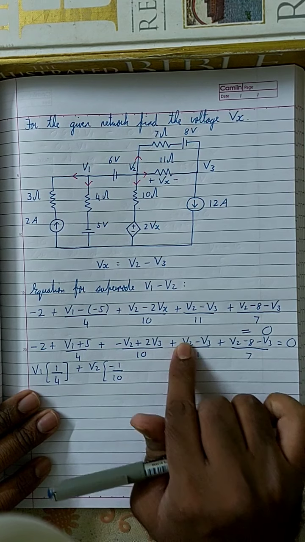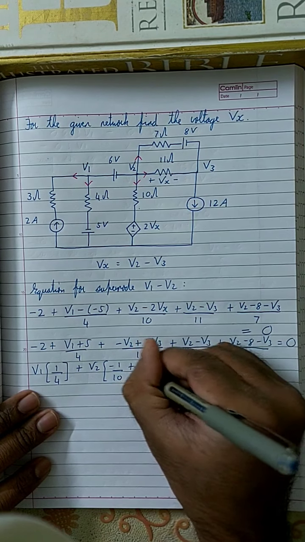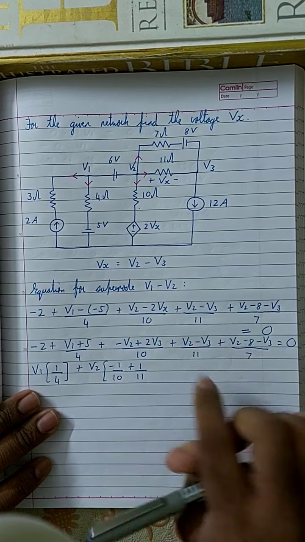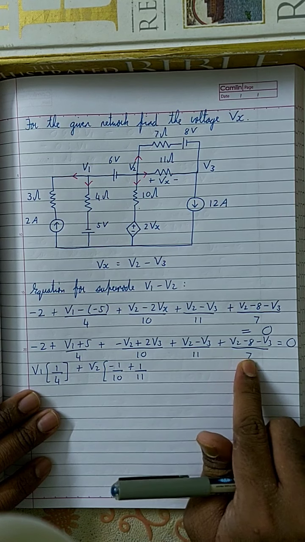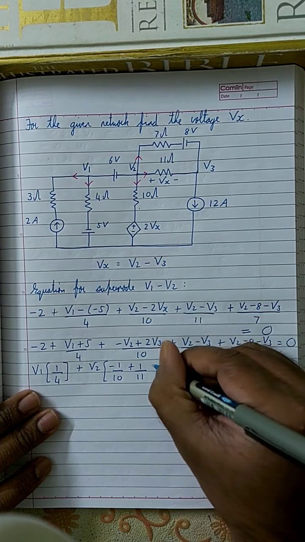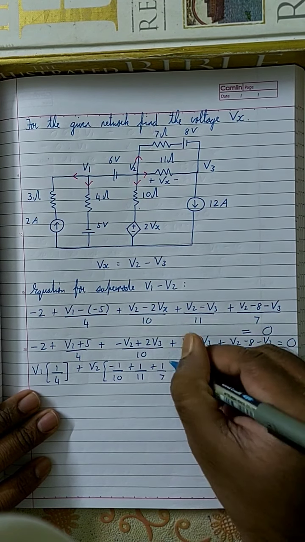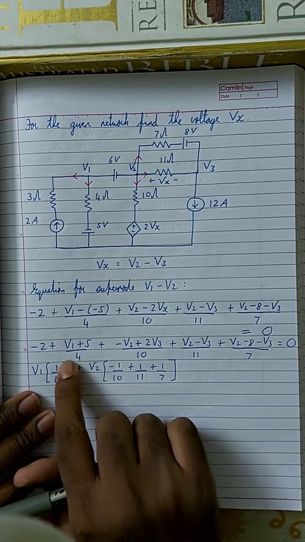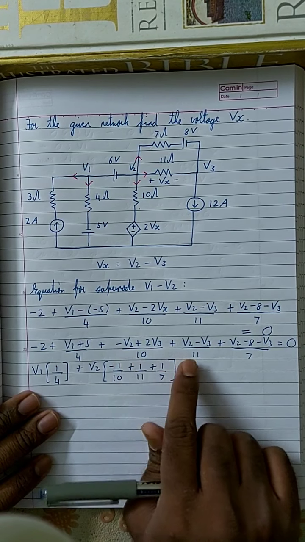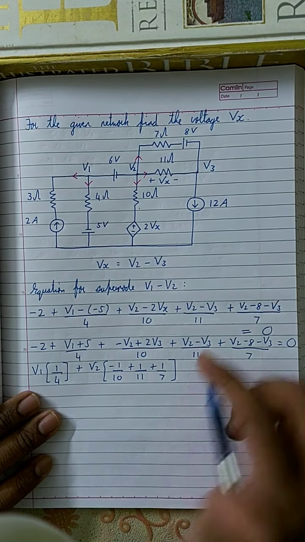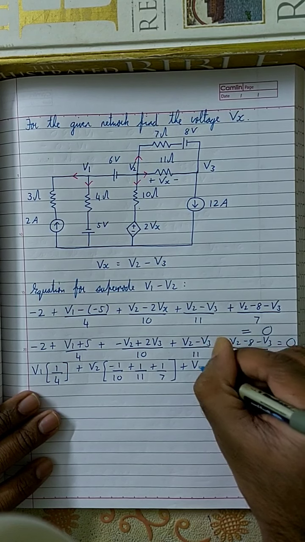Then there is V2 over here. This is plus 1 by 11. Then there is V2 over here. This is plus 1 by 7, right? Only three places. That's it.